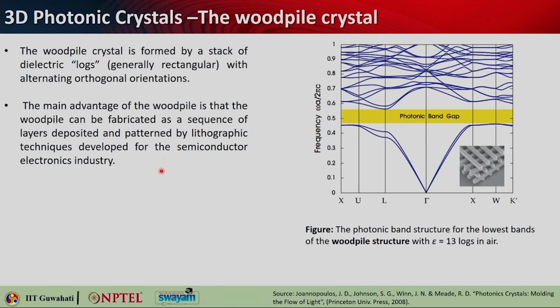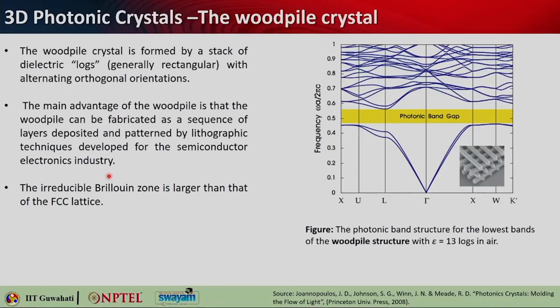Now, the main advantage of woodpile is that it can be fabricated as a sequence of layers deposited and patterned by lithographic techniques which were developed for the semiconductor electronics industry. So, this kind of fabrication of photonic band gap crystals is much easier and they can be commercially done. Okay.